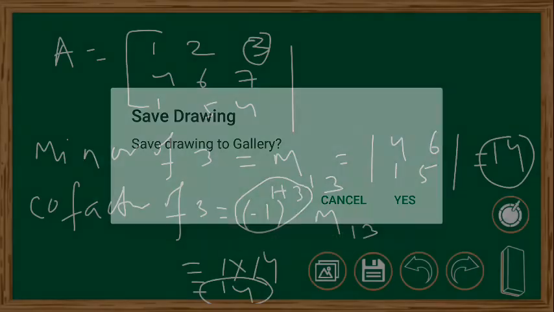Now let me solve one question from your exercise or worksheet. The question is here: find the minors and cofactors of the elements of the determinant. This is our exercise 4.4.